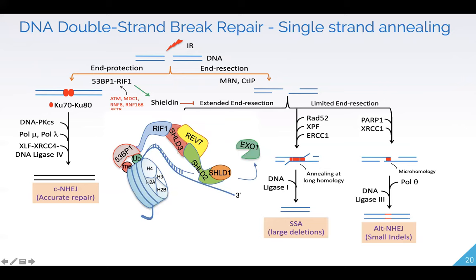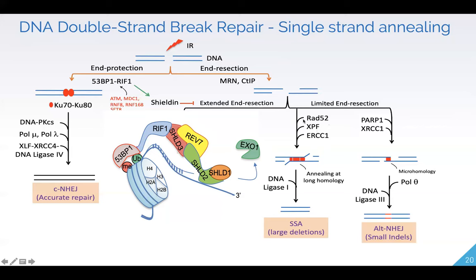In the absence of either of these, then there's a third program. There's a little bit different version of it that depends on the presence of XPF and ERCC1. If you remember, XPF and ERCC1 are part of the nucleotide excision repair that functions during the XP-dependent pathway, the nucleotide excision repair, the global genome pathway.